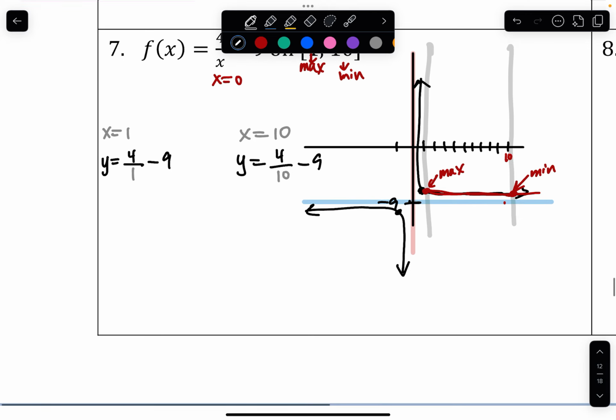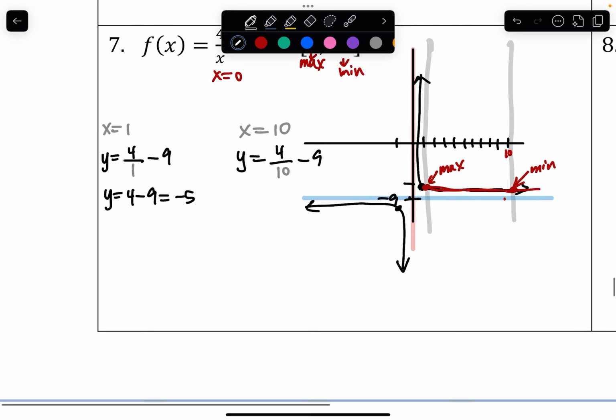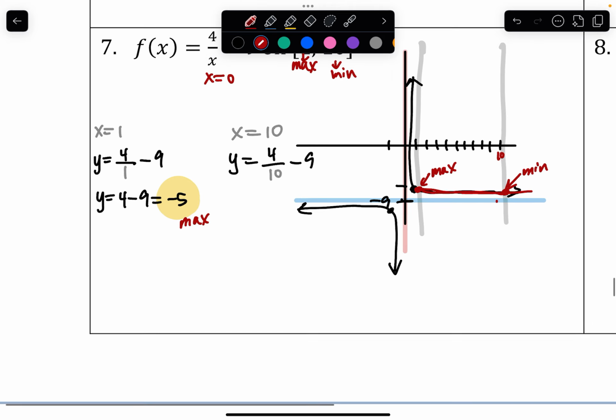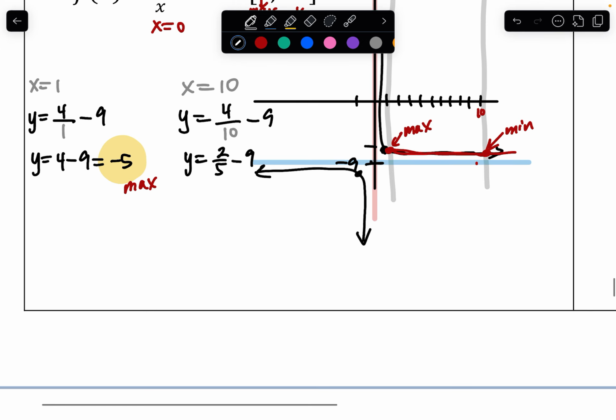So here I get 4 minus 9, which is -5. So not drawn to scale. And so that would be my maximum. And then to find the minimum, I have 4/10 minus 9. 4/10 is the same as 2/5 minus 9.